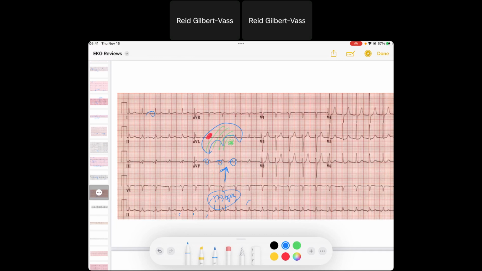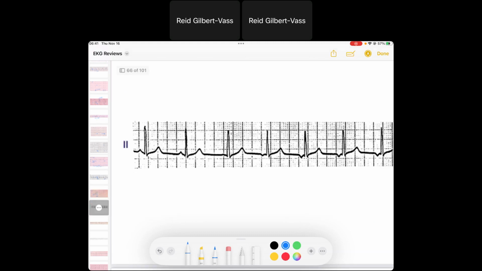And so this would be an ectopic atrial tachycardia. So we still need to evaluate our QRSs, and our QRSs are narrow, and then the rest of the rhythm is just normal. So this is an ectopic atrial tachycardia, and that's why I really drive the importance of looking at those P wave morphologies in AVF and lead one and determining what the axis of the P wave is.